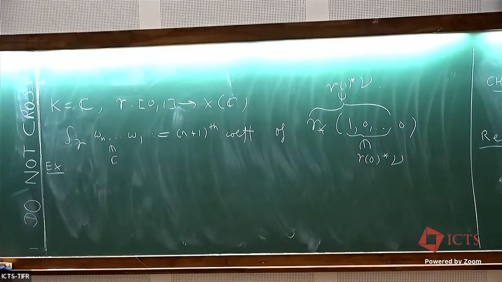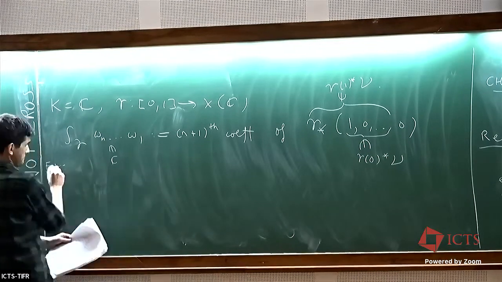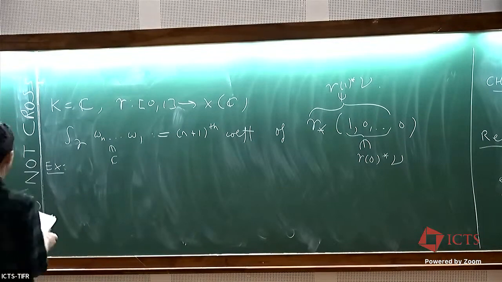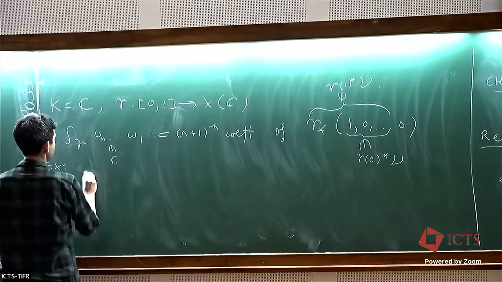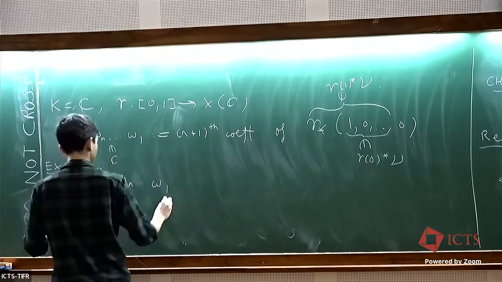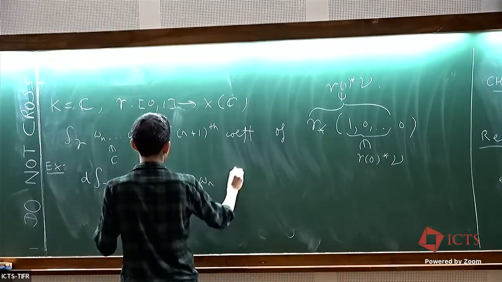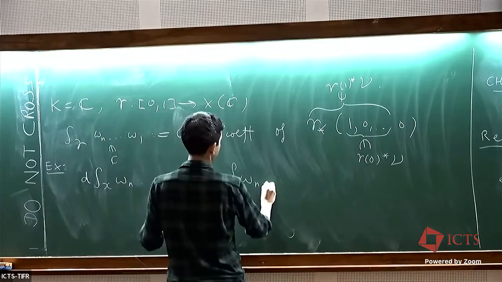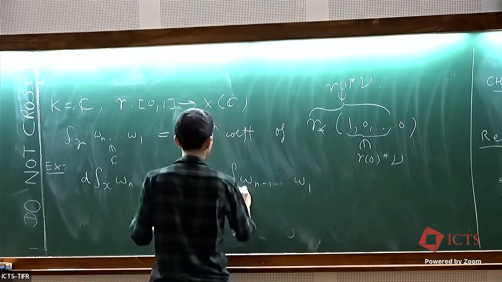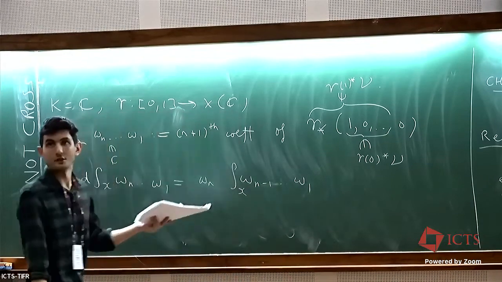So what do these objects look like? To familiarize yourself with them, it's worth checking two properties, which are often how iterated integrals are defined. One is that if you take the differential of this function, it's equal to the function you get by throwing away the last differential, multiplied by the differential omega n.